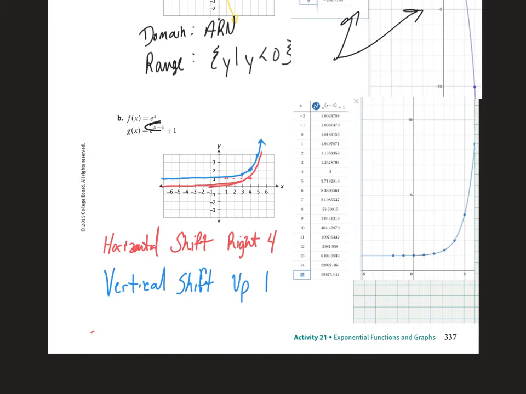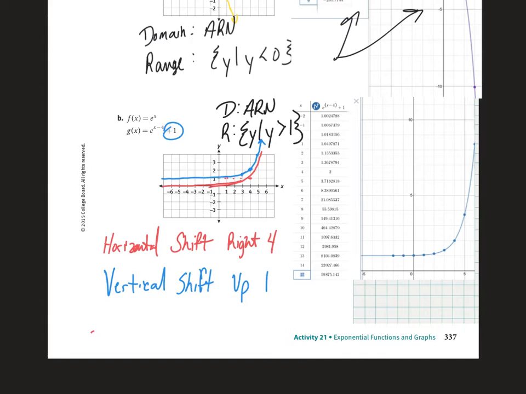That is the only way that we change the range. The domain is all real numbers. Nothing's going to change that. But our range, which is normally greater than 0, has been shifted up 1, and it has not been reflected, so the range is y values where y is greater than 1.